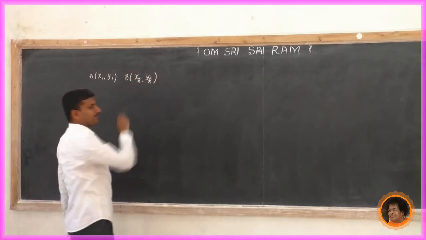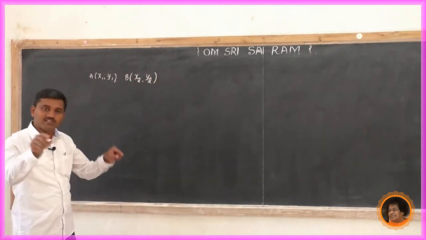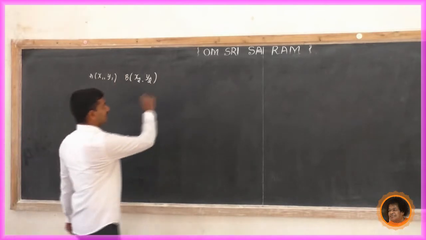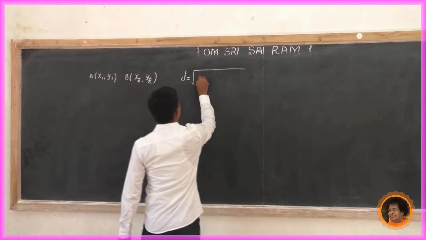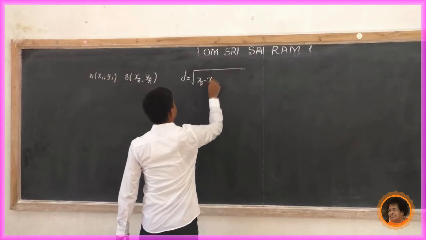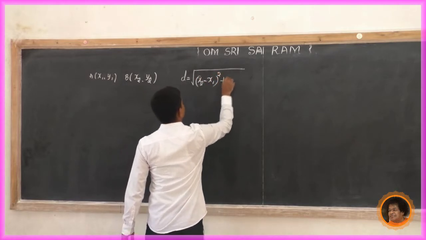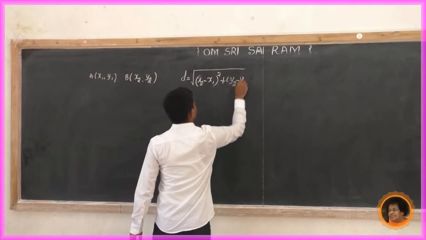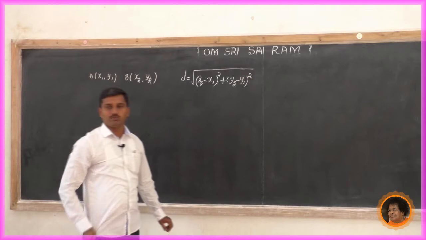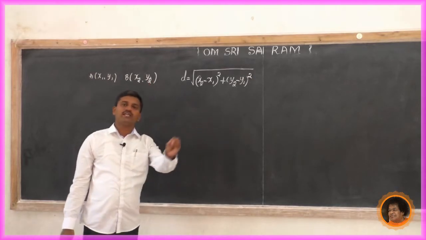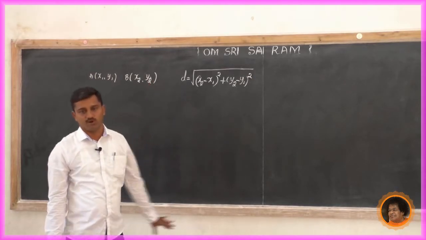What is the distance between these two points? The distance d equals the square root of x2 minus x1 whole square plus y2 minus y1 whole square. This formula is known as the distance formula. By this formula we can find the distance between any two points.